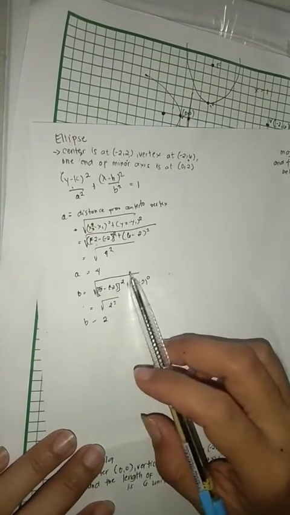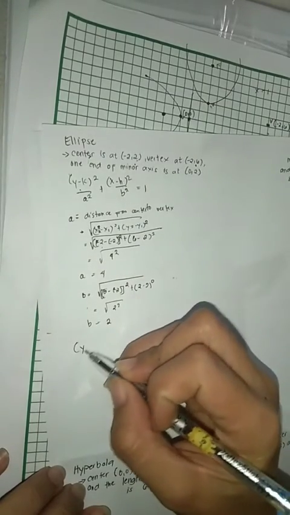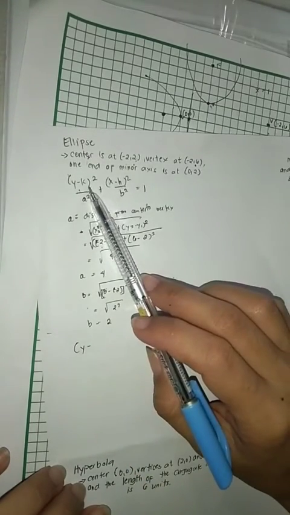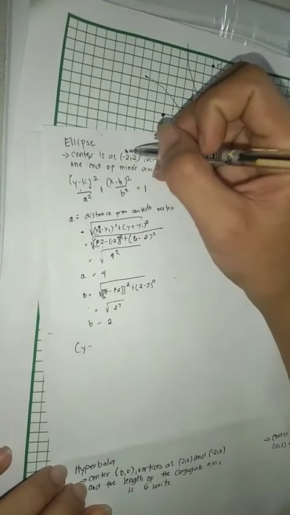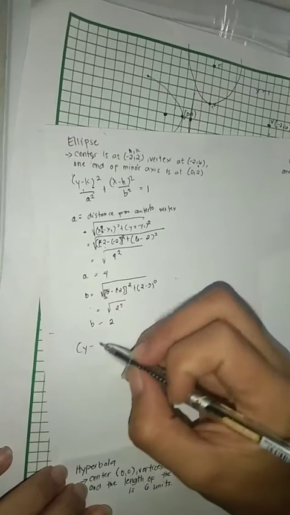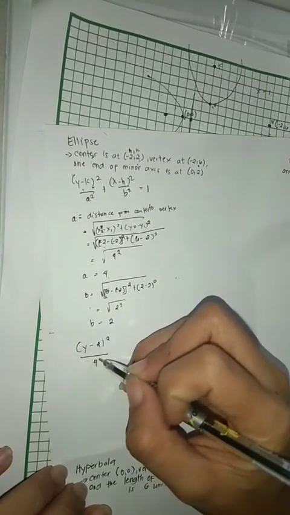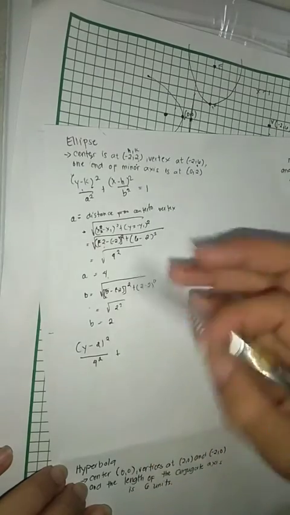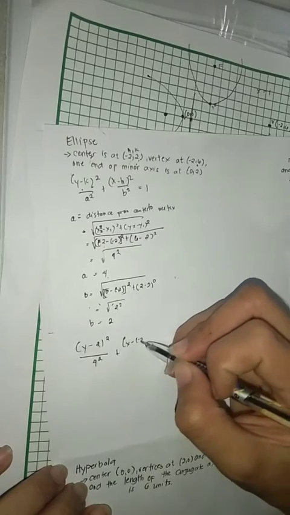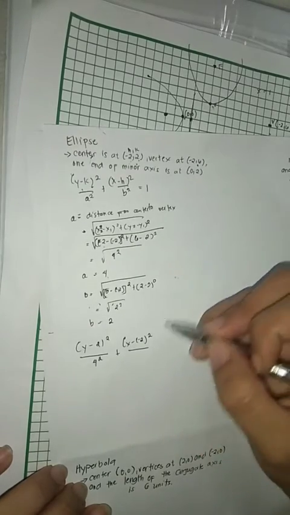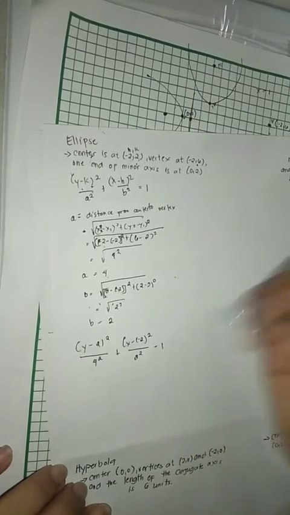Okay, I have my A and my B, and I have to use this form. So y minus k, let's substitute our h and k. So our k is 2 squared over a, which is 4, 4 squared, plus x minus h, negative 2, squared over b, which is 2, is equal to 1.